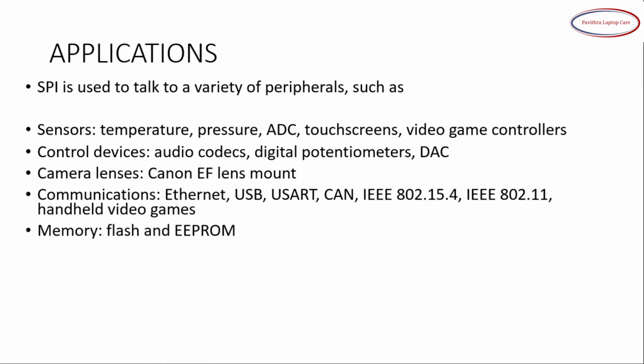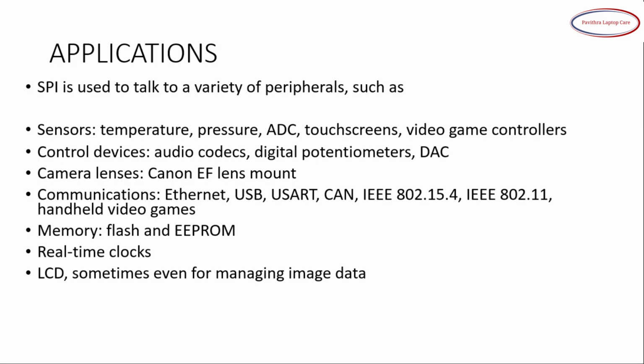EEPROM, just now I told you it's a BIOS chip. Real-time clocks, RTC. LCD, sometimes even for managing image data, and MMC and SD cards. Okay, these are the applications of SPI.